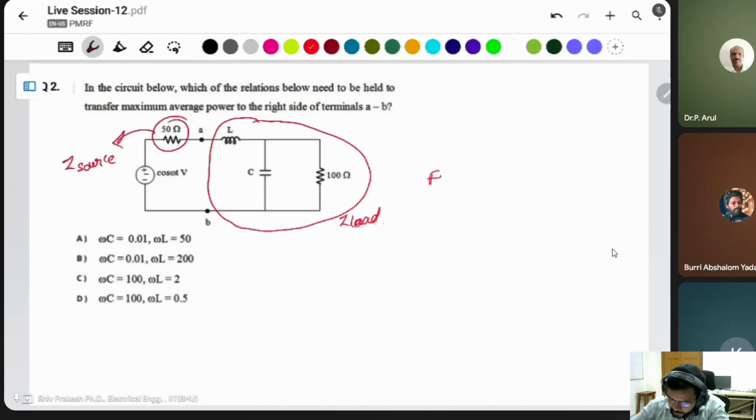And you know for maximum power, Z load should be Z source.